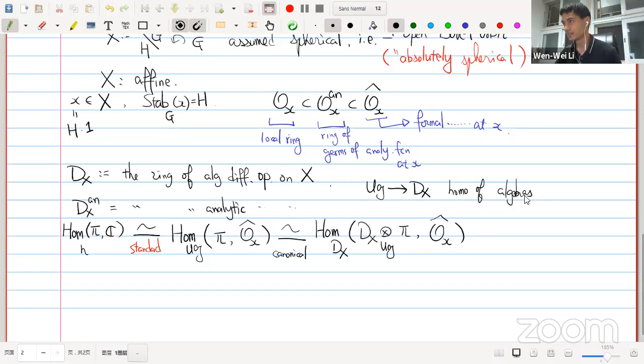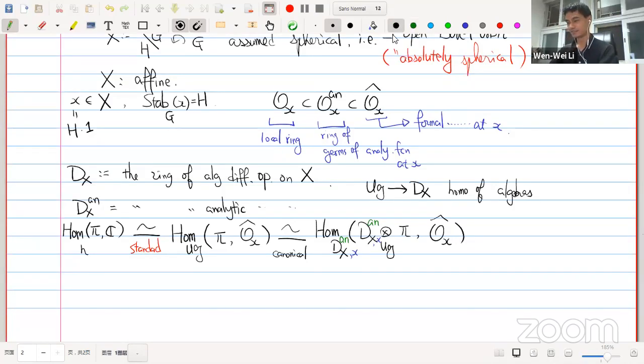This is maybe not so cute for some people, so maybe you can localize. I mean, you take just the stalk at x of the sheaf of D modules on X. And you may go one step further by passing to analytifications, and you will get some Hom space like this.